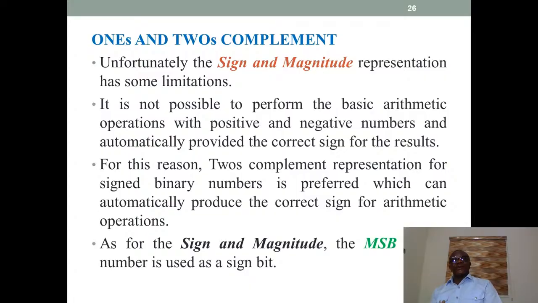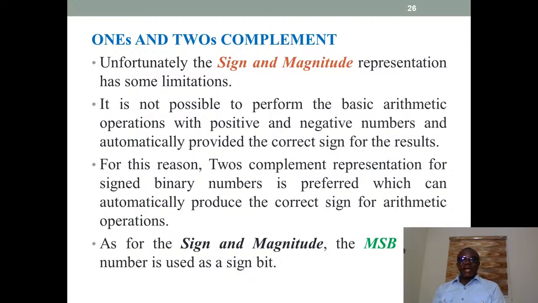That thing the computer does in addition is called the ones and twos complement. So for this reason, two's complement representation for signed binary numbers is preferred, which can automatically produce the correct sign for arithmetic operations.